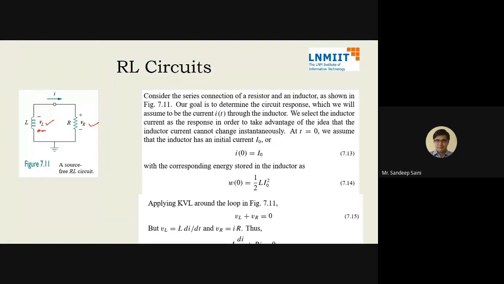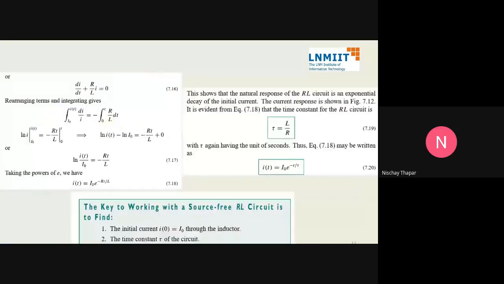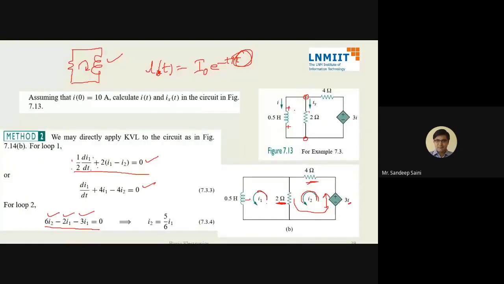If I make this assumption, that is also fine. Sir, means if we are assuming this, then the sign will be the same. Yes. The only difference will come that the VL and I relation will have a negative sign because I am assuming in the opposite direction. Okay, sir. Thank you, sir.